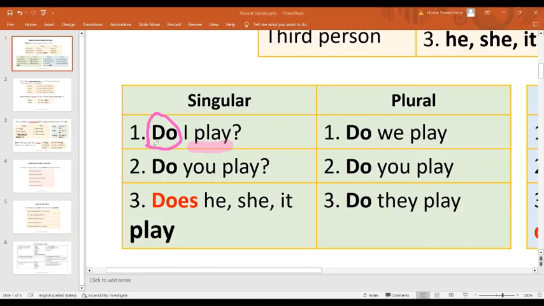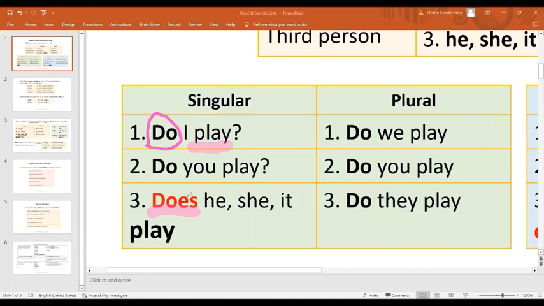So first person, do I fly? Second person, do you fly? What happened here? Oh, we have does. Yes, do, remember, becomes does in the third person singular.